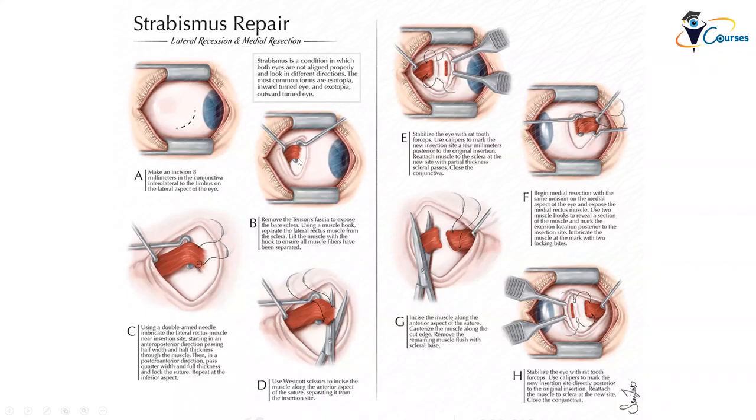So here we are exposing the lateral rectus muscle, and then we take sutures, partial thickness and full thickness sutures, double armed sutures, in order to fix the muscle so it does not slip. When I cut the muscle it will retract, so I prevent that retraction with these sutures.